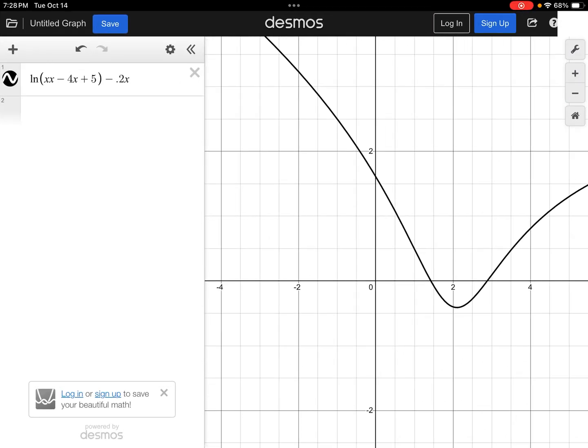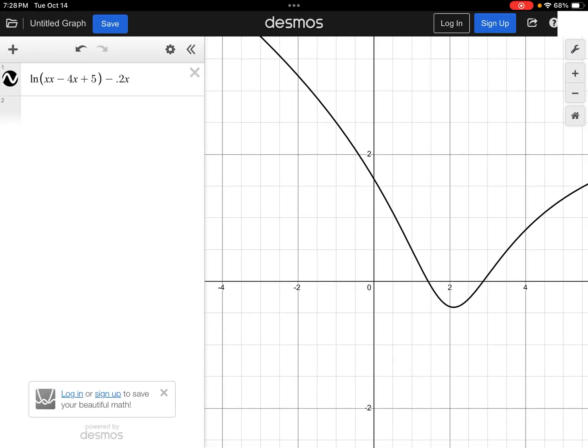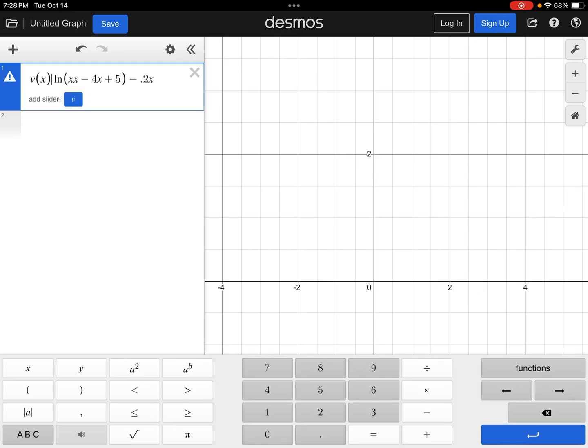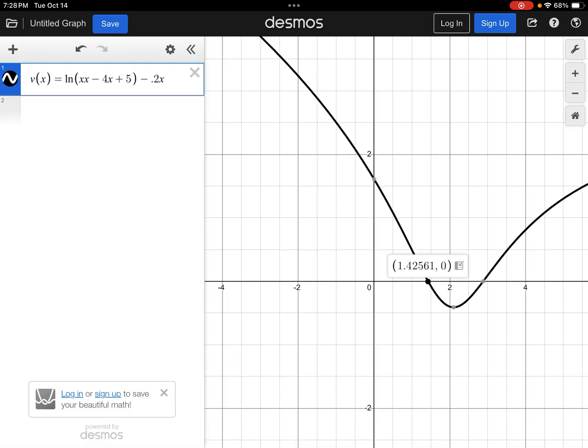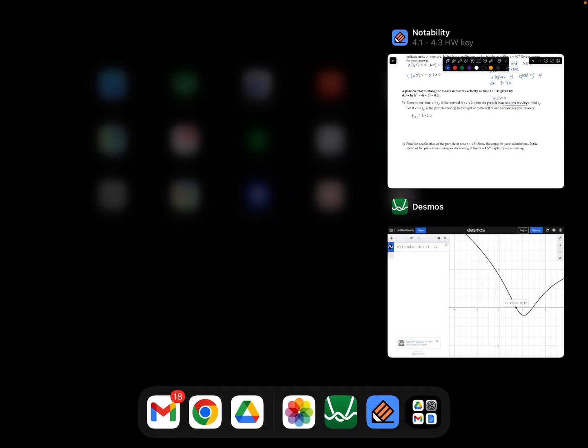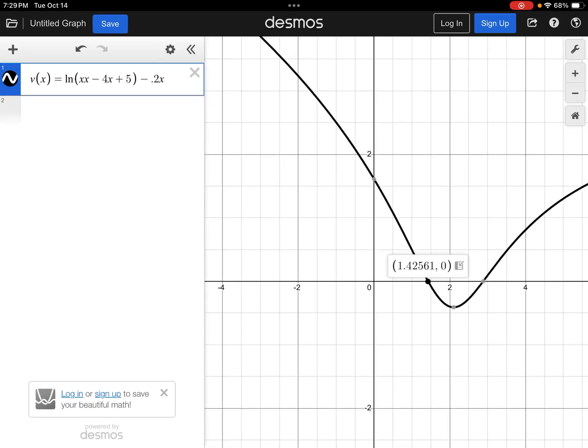This is the velocity curve, I'll label it v of x, and if I click on the x-axis, I have that x-intercept 1.426. So this time t sub r is equal to 1.426. At that time, that's when the particle is at rest, or you could say changing directions technically.